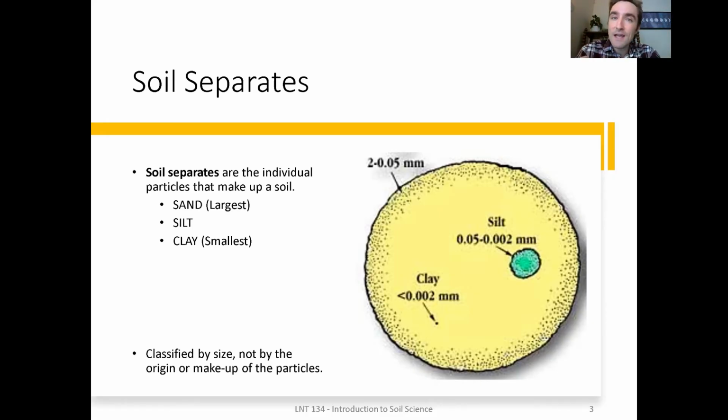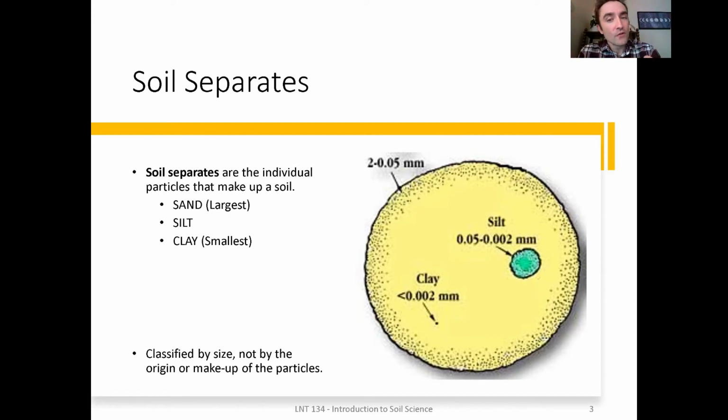Once you get into the clay category, it's so tiny you cannot see it with your eyes. You can see a bunch of clay put together, but you cannot see an individual clay particle. And that is the smallest. So sand is the biggest, clay is the smallest. And your soil likely has some combination of all three, and we call that a loam. Loam just means it's a mixture or a blend of three different types of soil separates.